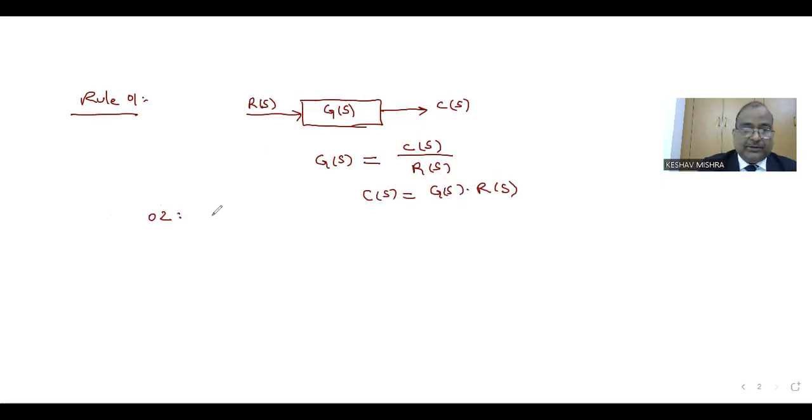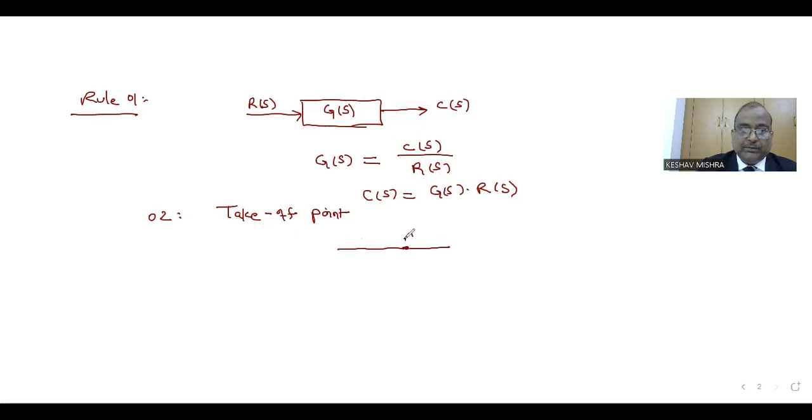Second point is the takeoff point. We should know this terminology, especially in the block diagram reduction technique. The takeoff point can be represented by this diagram.